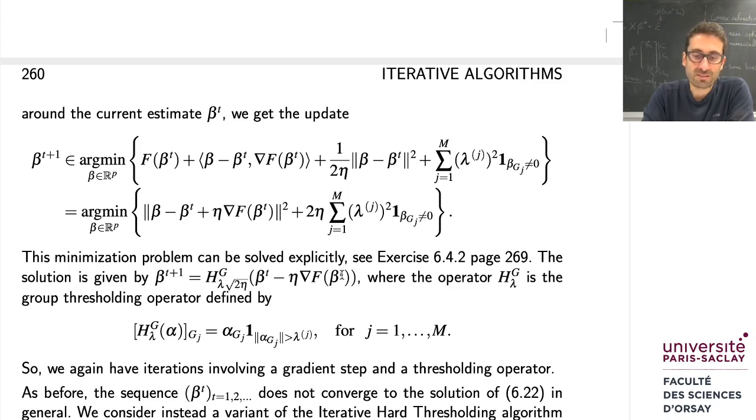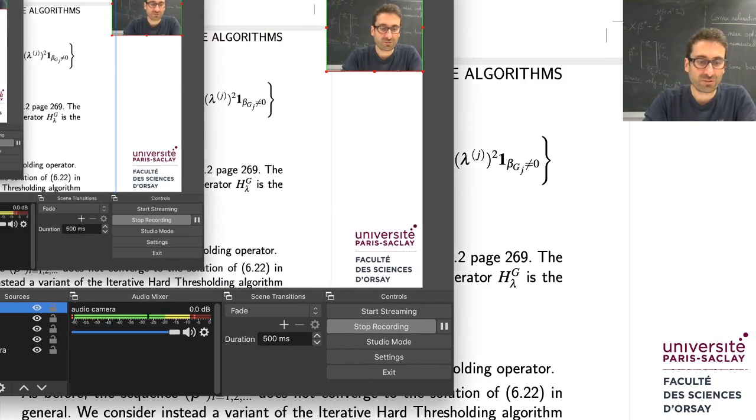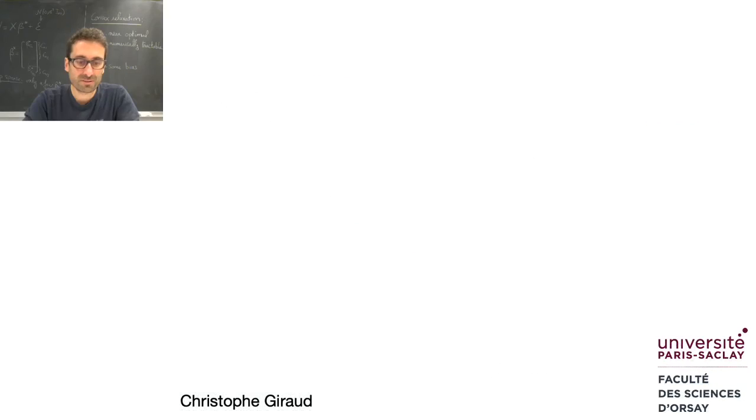And what is the explicit solution? It is what I will call the group thresholding estimator, where for each group, we will set the value to 0 if the norm is smaller than lambda j, and otherwise we let it unchanged, right? So what we will do, okay, I will move on to the blackboard.